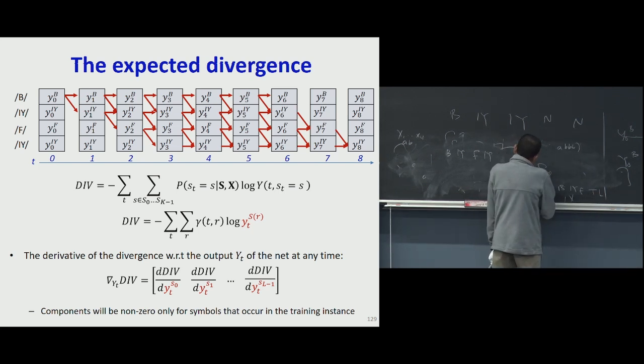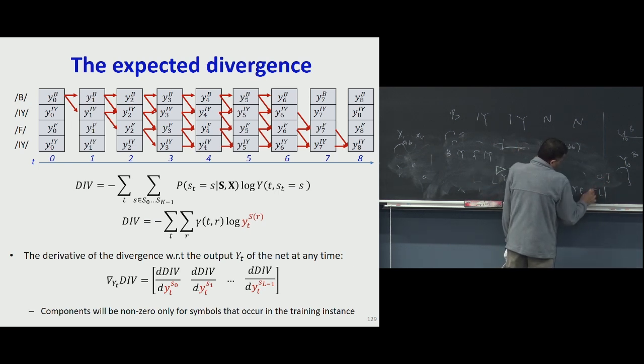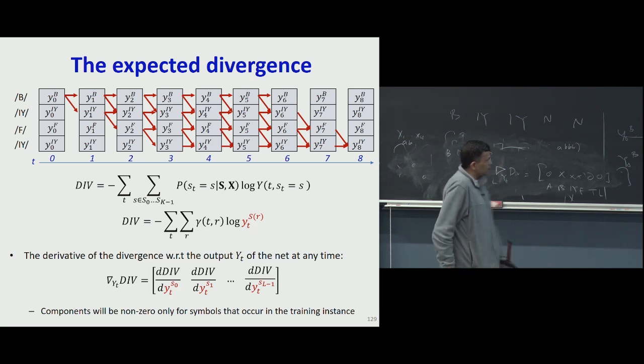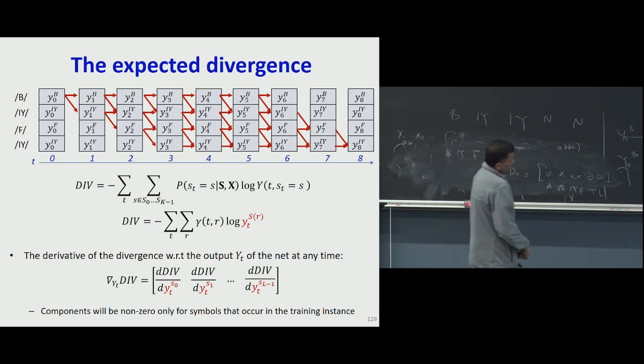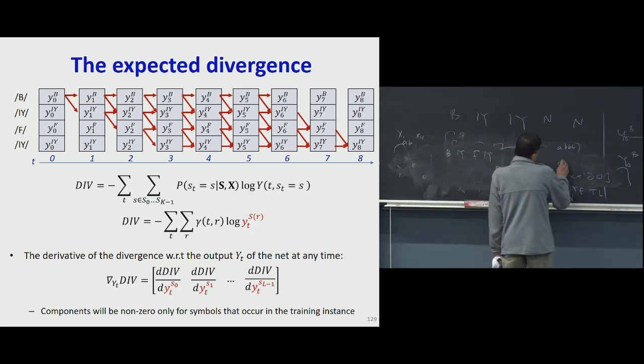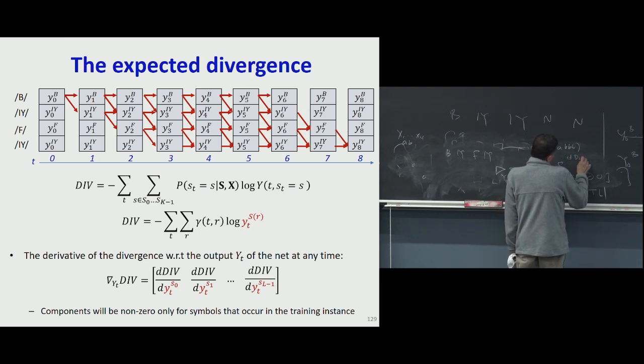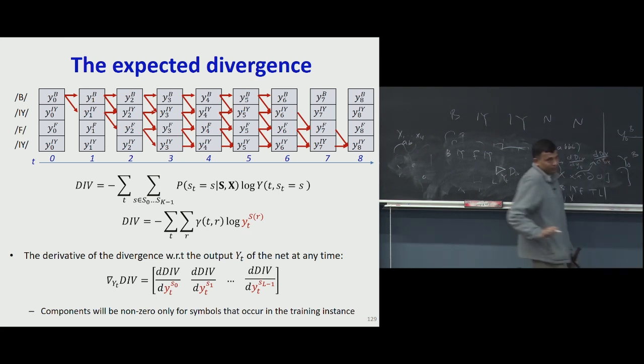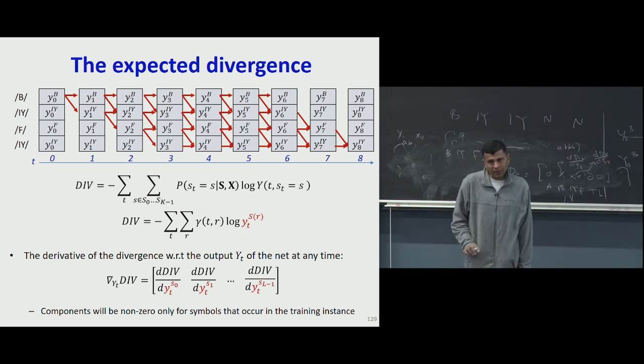This didn't occur in my sequence. This didn't occur in my sequence. This didn't occur in my sequence. I'm only going to have derivatives at these three locations. And those specific derivatives are going to be, this one is the derivative of the divergence with respect to the probability assigned to B. This one is going to be the derivative of the divergence with respect to the probability assigned to E, and so on.